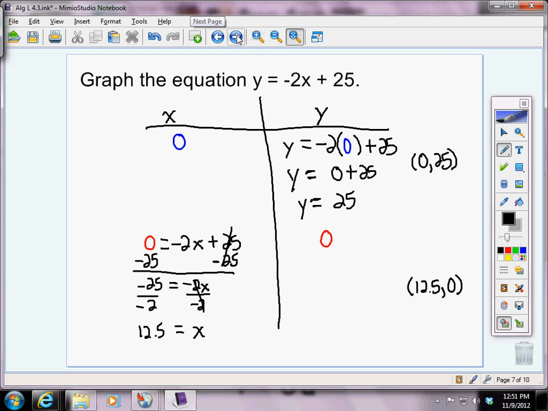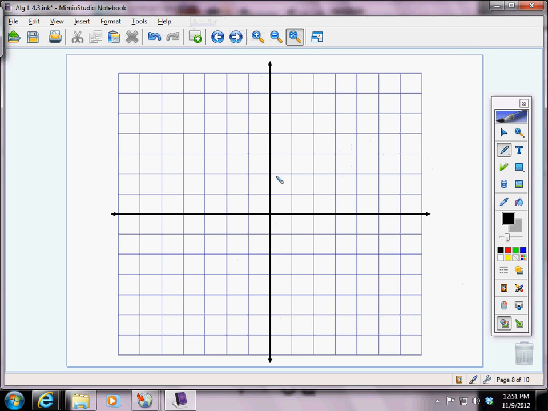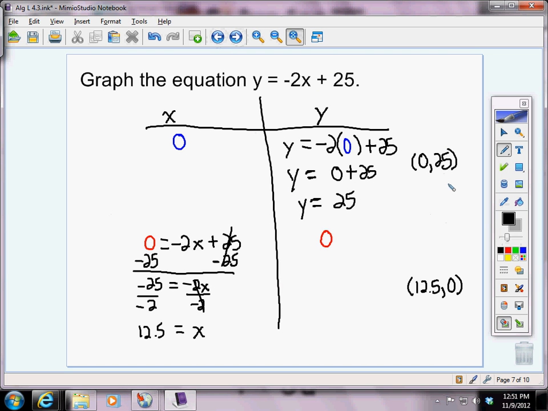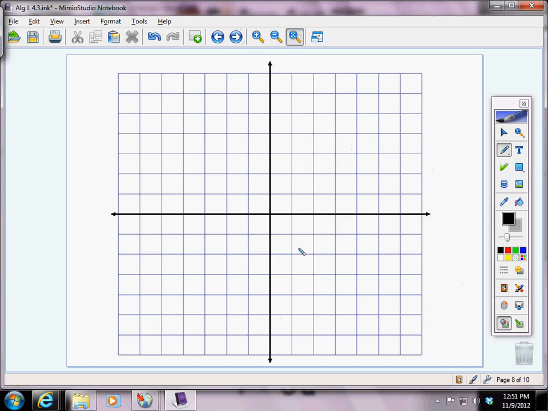So what I want to point out here is when you go to graph these, don't feel you have to go by ones every single time. If we look at this, we have (0, 25) and (12.5, 0). So maybe it'd be better to go by 5s. Okay. So again, this is our x-axis, this is our y-axis.